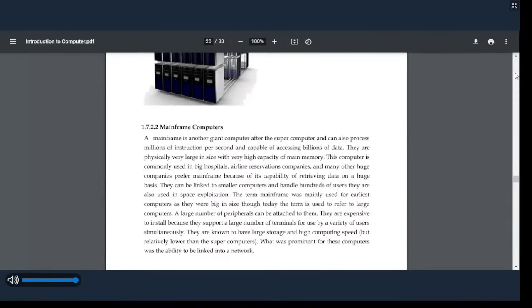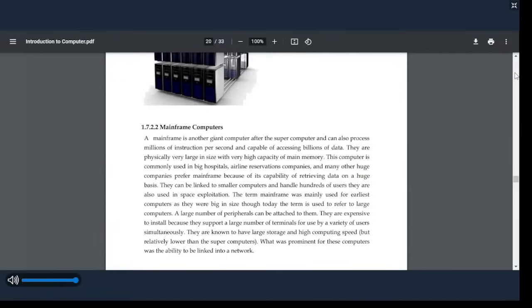This computer is commonly used in big hospitals, airline reservation companies, and many other huge companies prefer mainframes because of their capability of retrieving data on a huge basis. They can be linked to small computers and handle hundreds of users. They are also used in space exploration.